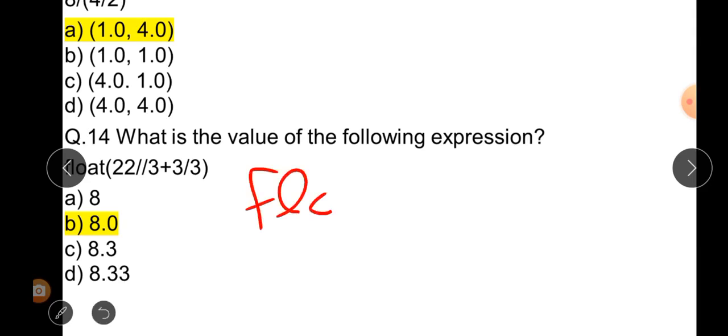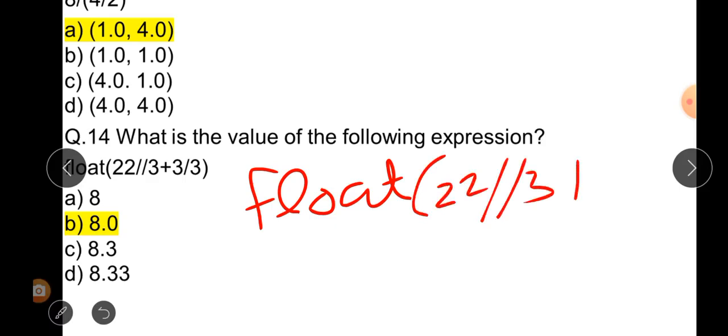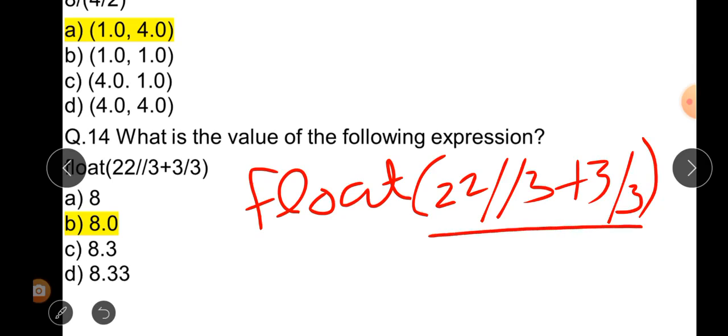So float of 22 double slash 3 plus 3 slash 3. First of all, the inner part should be evaluated first, and whatever answer we get, it is converted to a float value. If we get an integer value, then the answer is converted to a float value.